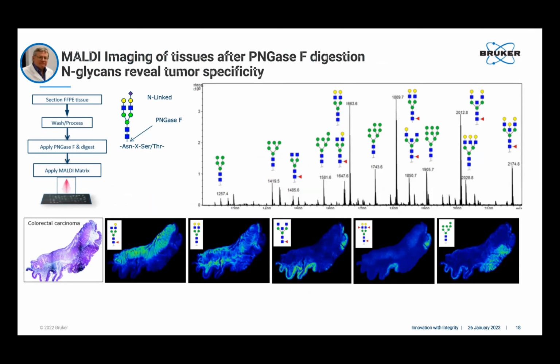So after doing the procedure listed there, you get your general mass spectrum with all of the different glycans of interest with putative structures. Remember that with glycans, we can figure out what monomers are present, but we have to use some inference in how they're connected to each other and what's actually going on there. But in this carcinoma sample, a colorectal carcinoma sample, here are images of the different glycans and where they're present.